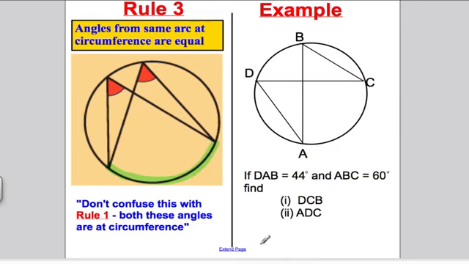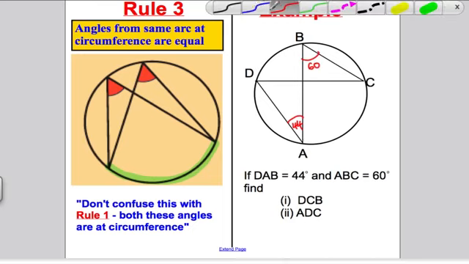Okay, another example. This one's just getting everything together so we can see all the different cases. If DAB, D to A to B, is 44, and A to B to C is 60.